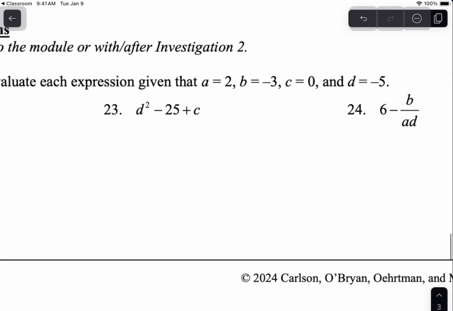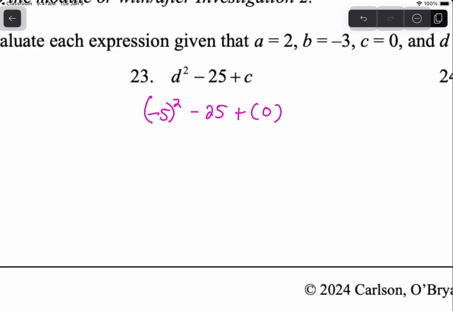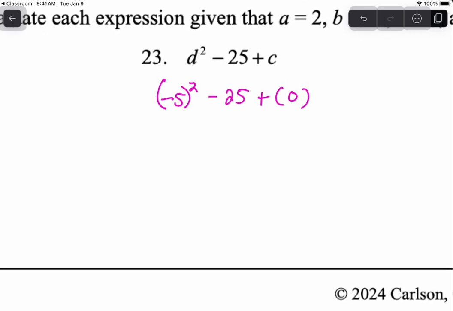I'm going to put a little pocket where the D is, and I'm going to put -5 there. I'm going to put a little pocket where the C was, and I'm going to put a 0 there. So that would be the initial plug in of the values into my expression. The reason that parenthesis is so important is that it tells me that I had to square that negative.